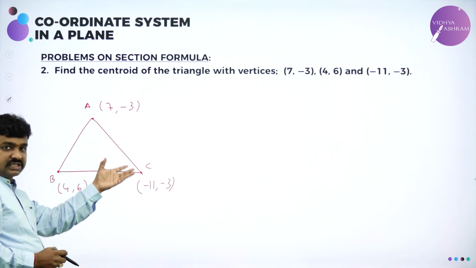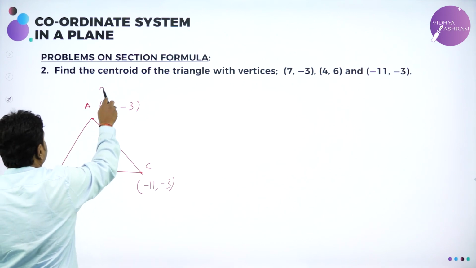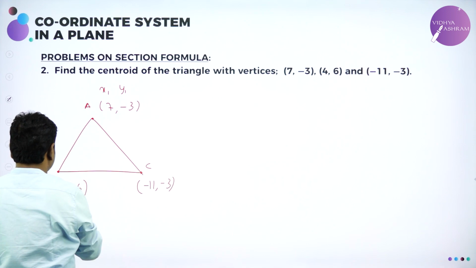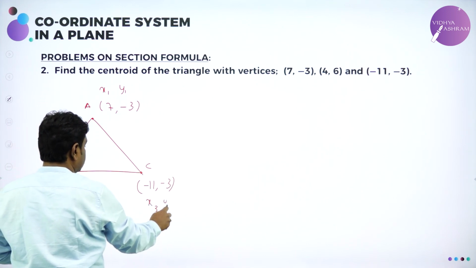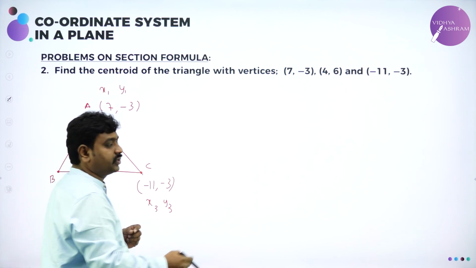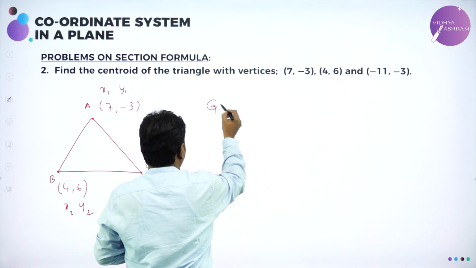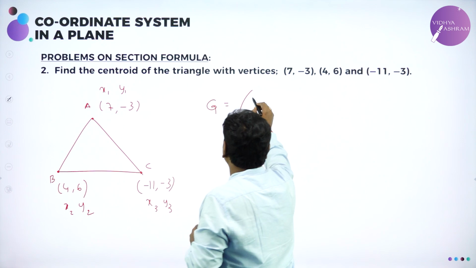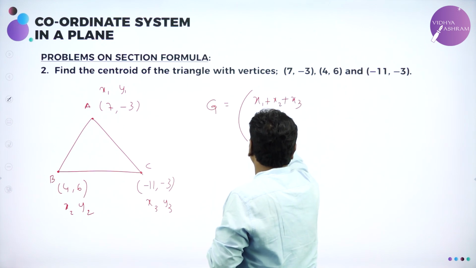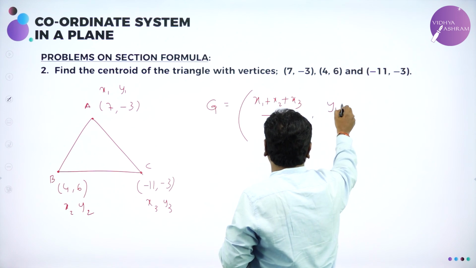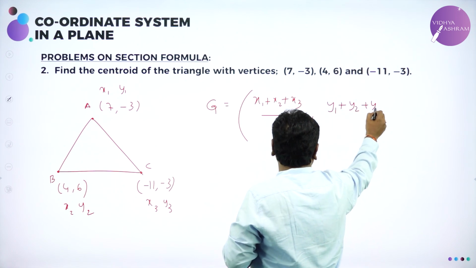Now they gave 3 vertices. Call the first vertex x1, y1, the second vertex x2, y2, and the third vertex x3, y3. What is the formula for centroid you have learned? G is the centroid, and the formula is simple: x1 plus x2 plus x3 by 3, y1 plus y2 plus y3 by 3.